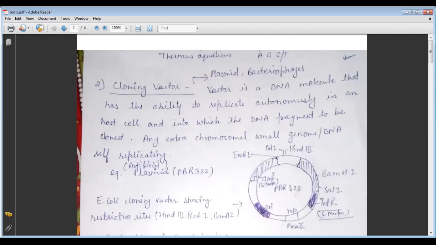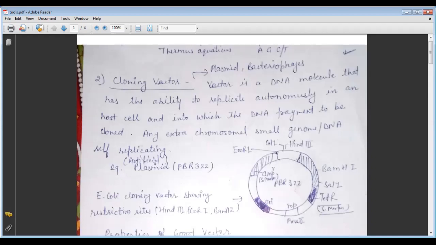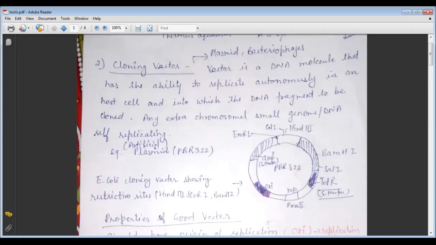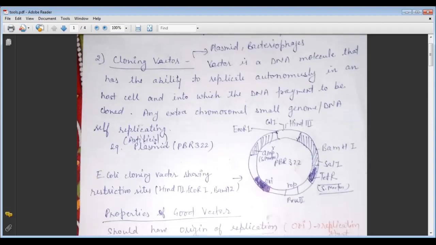These two help in the growing of the recombinant DNA. Here we need a bacterium that can replicate. And we know that ampicillin and tetracycline are also working as selectable markers.